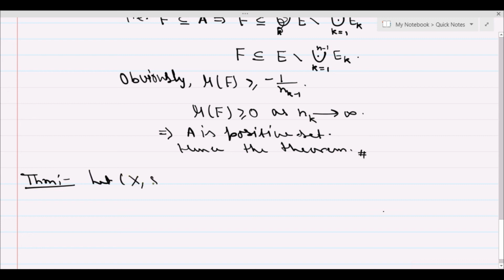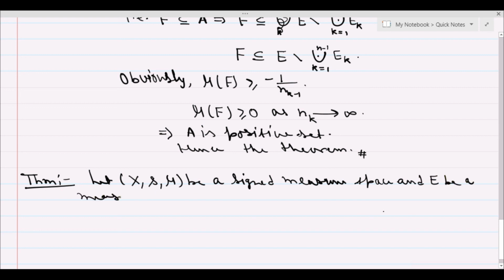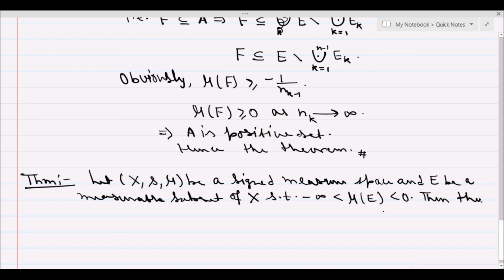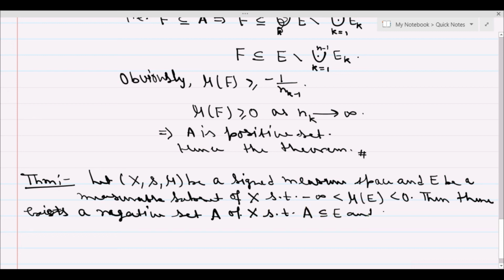Let x, script A, mu be a signed measure space and E be a measurable subset of x such that minus infinity is less than mu of E less than 0, then there exists a negative set A of x such that A is contained in E and minus infinity is less than mu of A less than 0.